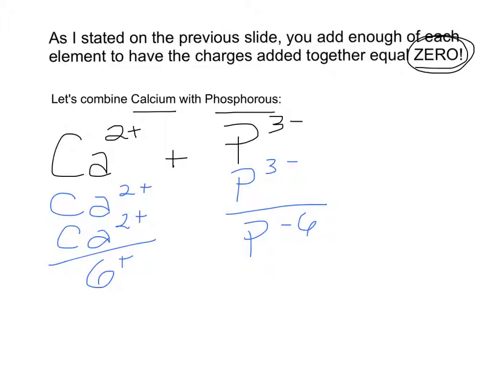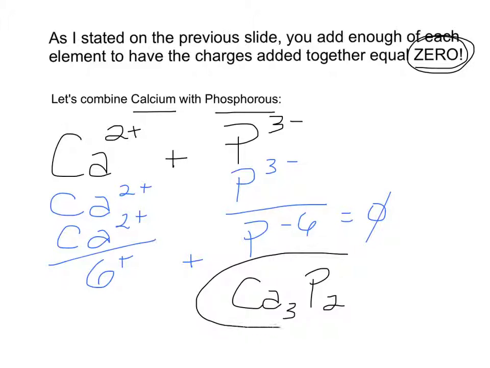And if I add those together, then my charges equal 0. So what this means is that I have calcium, 3 of them, and phosphorus, I need 2 of them. And then that would be my balanced ionic bond between calcium and phosphorus.